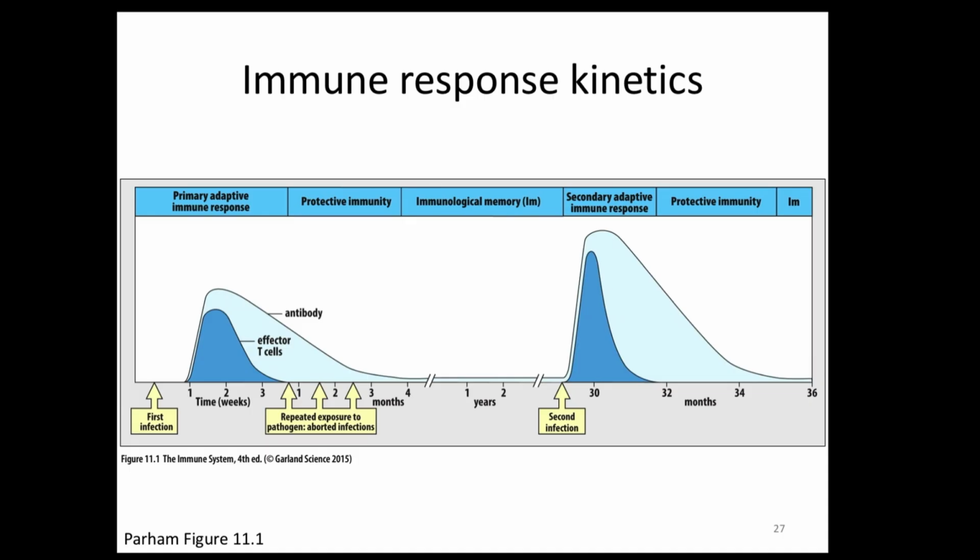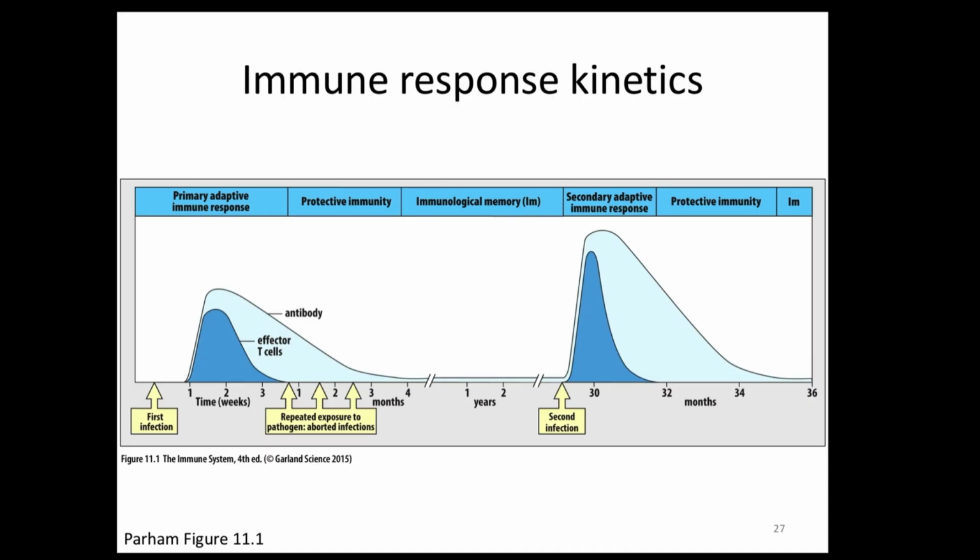But the cells that have lived through all of this, the cells that have made it through this whole process, are a different type of cell called a memory cell. They're not an effector cell, they're this type of memory cell. And the memory cells, again, have new properties that mean that when they see antigen again that second time, they are going to be able to respond really quickly.